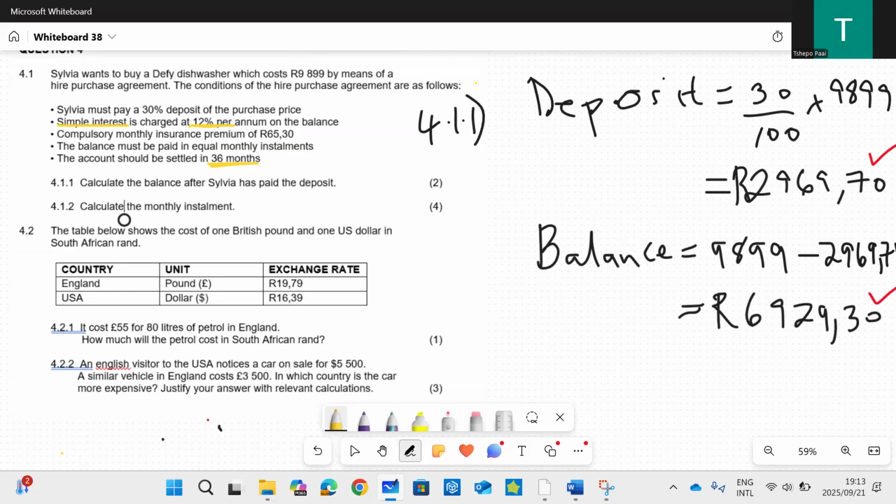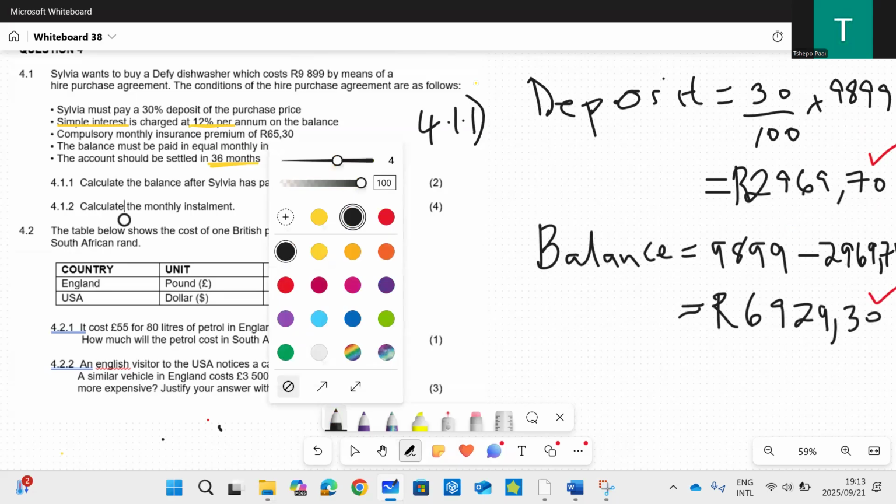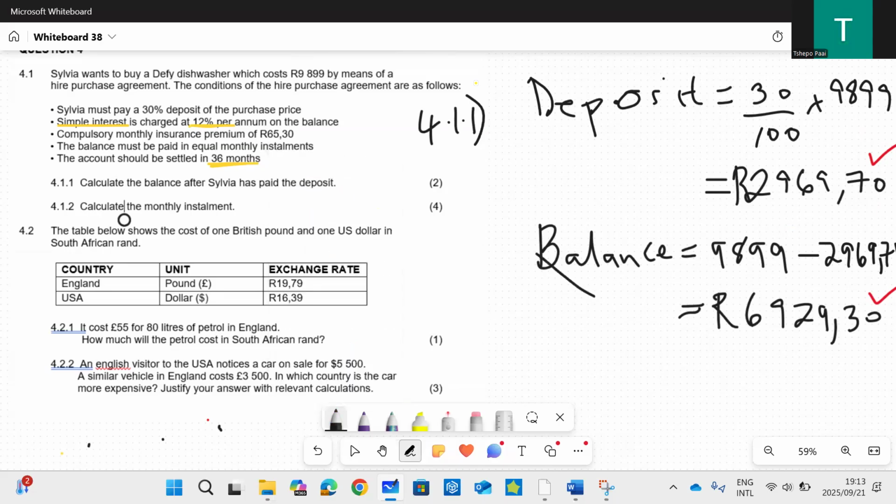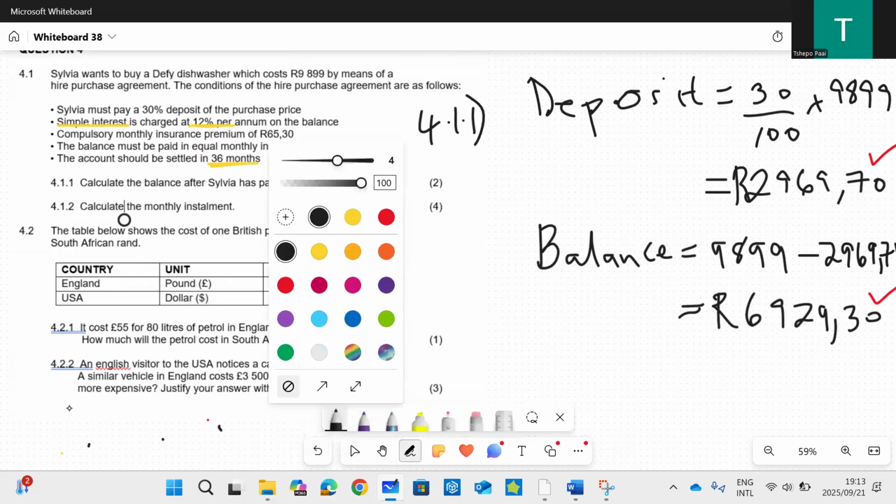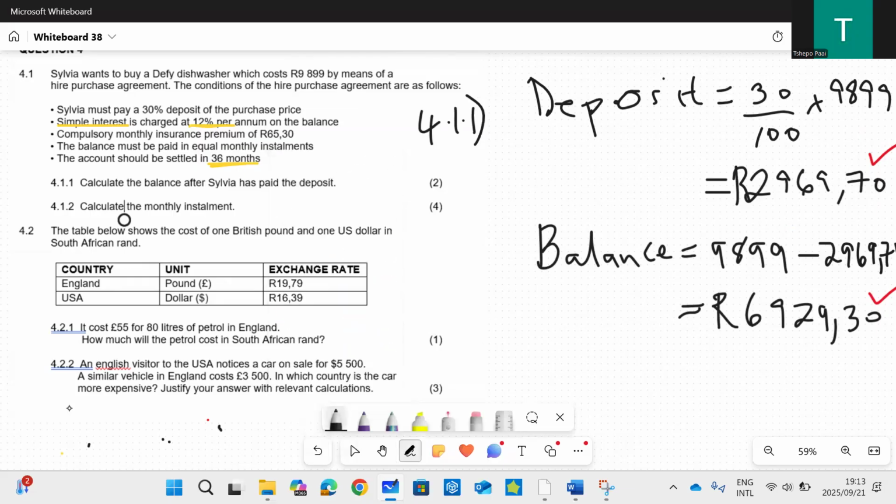So the correct formula there, remember, the simple interest formula for the answer to 4.1.2, is A equals P times (1 plus i times n).